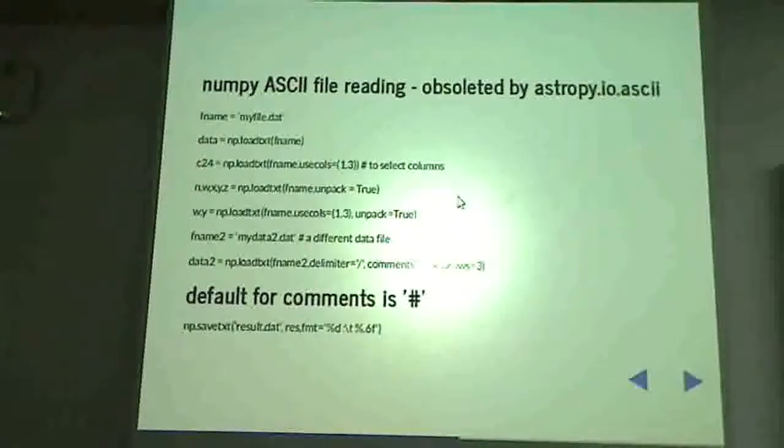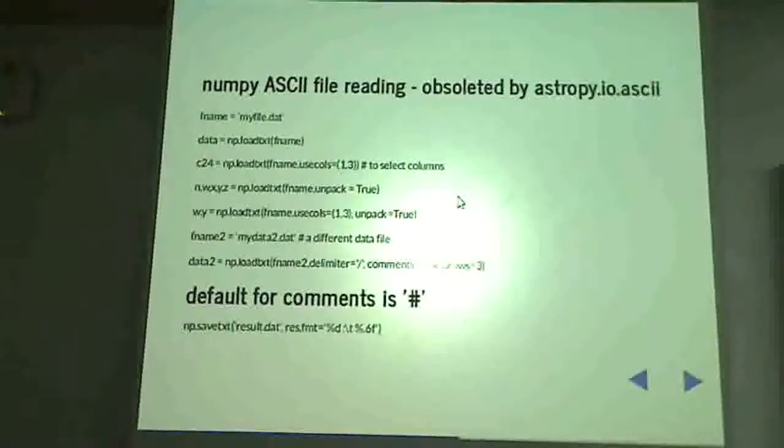But NumPy had its own way of doing things, okay, and I've just listed the code here. You can take a look through it, but we won't spend time. But basically you can decide which columns you want to use, whether you want to unpack or not, what are the delimiters you want, how are the comment lines specified. Everything is flexible. It has default values, but you can change it.